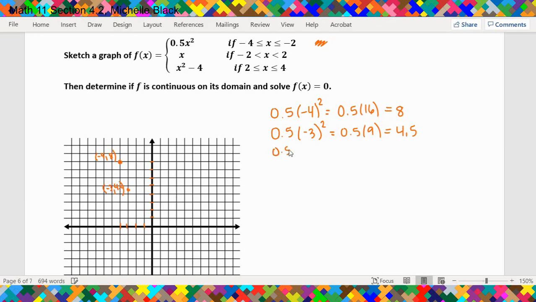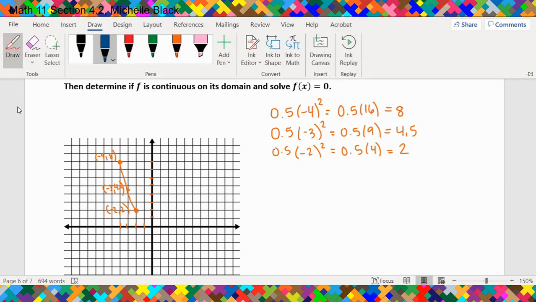And when I plug in negative 2, I get 2. Now looking at this function, I have x squared, so I know this is a parabola, so I expect this to be kind of a curved shape. I filled in the dots at negative 4 and negative 2 because both of those are included for my x values.